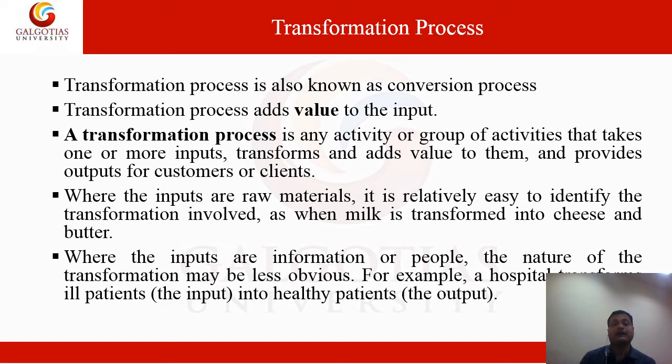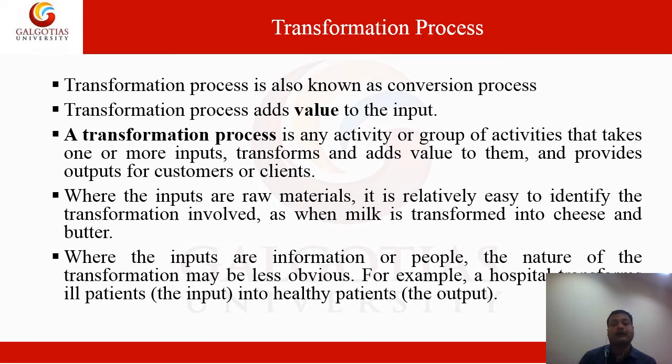When these inputs are raw material, this transformation is clearly visible, as I mentioned in the first example, that is, conversion of milk into butter or cheese. But consider an example where, as a patient, you go to a hospital for treatment. What is happening in the output?